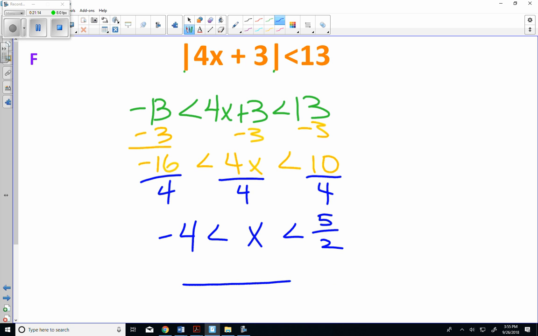If you were to put this on a number line, at a negative 4 and at 5 over 2, which is 2.5, you would have open circles. x is less than 5 halves and x is greater than a negative 4, so you connect them.